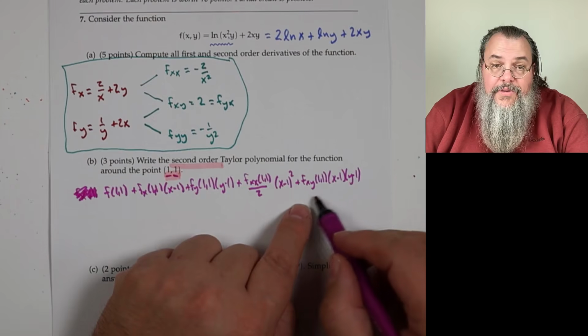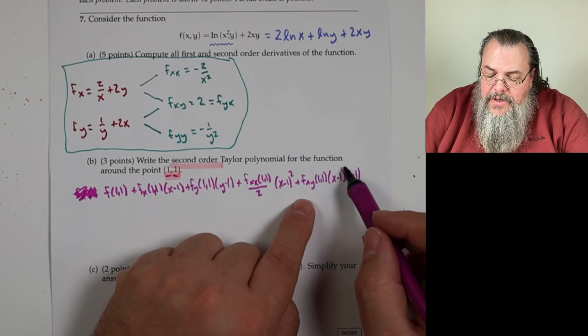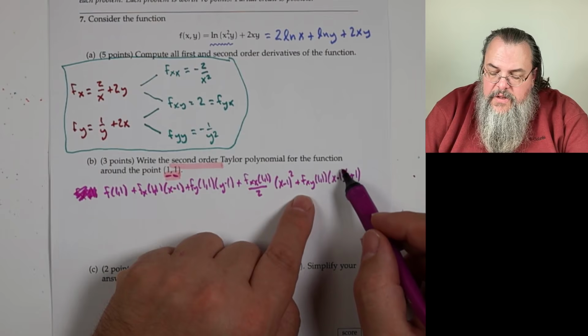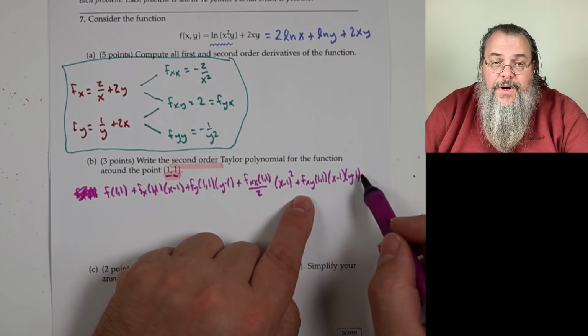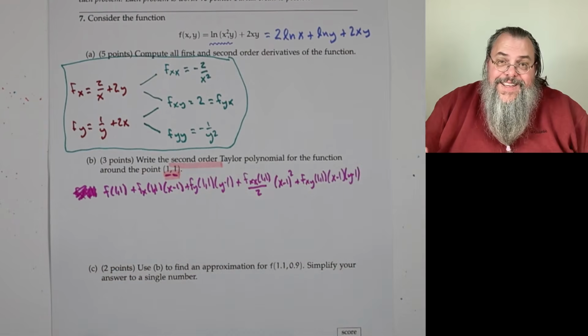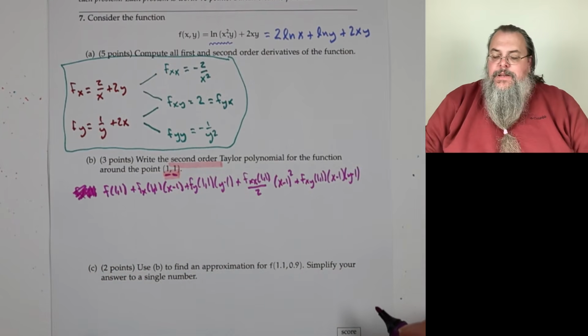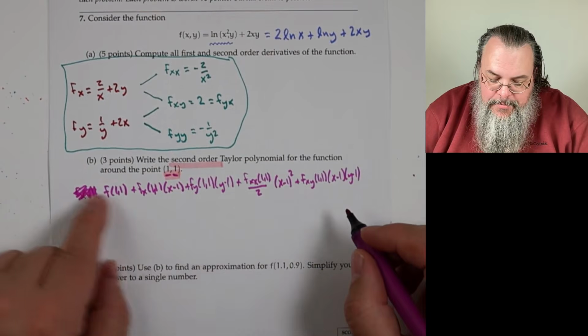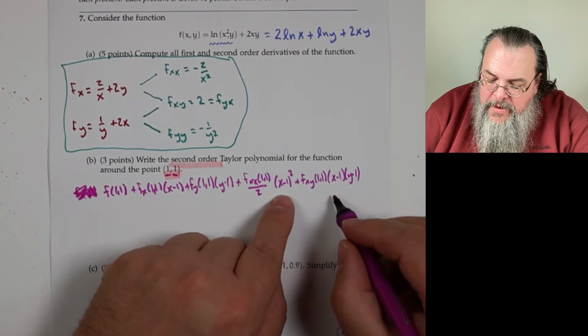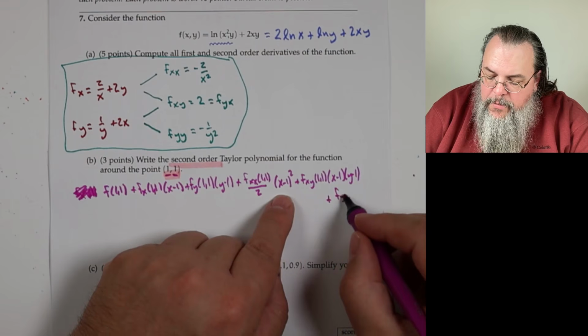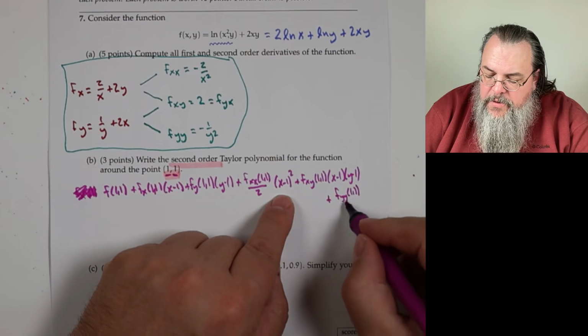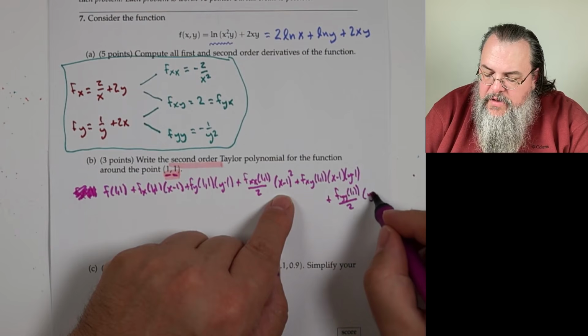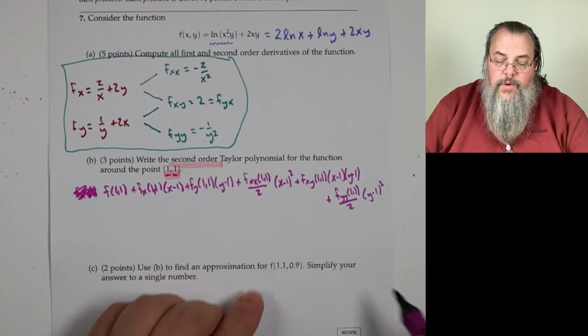Why no 2 downstairs? Well, here, when I take it with respect to x, a 1 comes down. I take it with respect to y, a 1 comes down. I don't need to cancel anything. And I did not plan well, so add f_yy at (1, 1). We're still going to have a 2 for the same reason, because of that (y minus 1) squared.